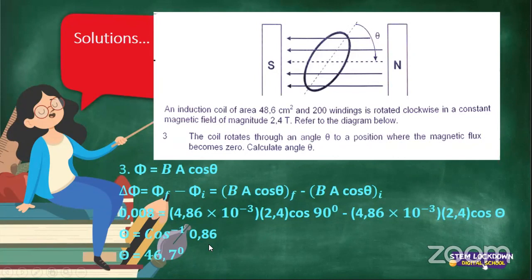Now, we know that this one here is the same as 4,86 times 10 to the minus 3. Let's see where we get it.